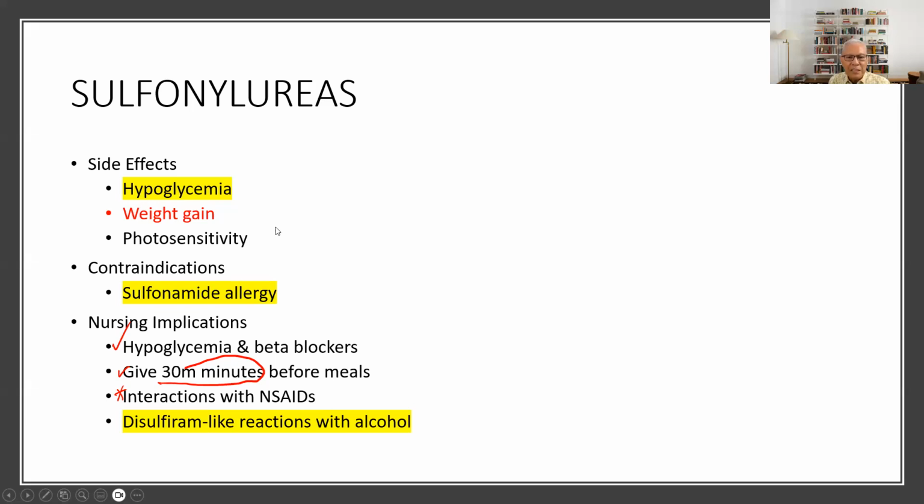Individuals who are going to be taking sulfonylureas are going to experience photosensitivity because their chemical structure, sulfonamide, is known to be photoactive, which means that they're capable of a chemical or physical change in response to light. So that's why it is advised that they have to protect themselves against the UV rays.